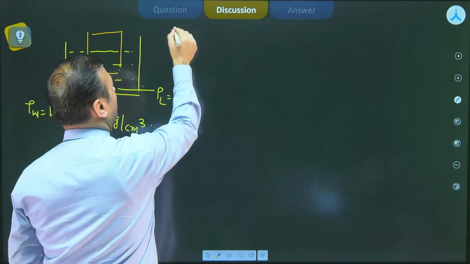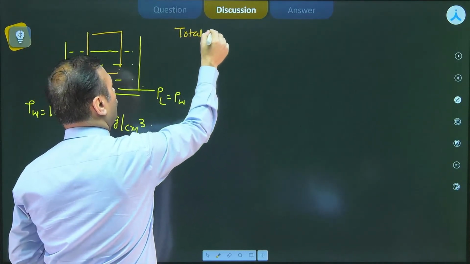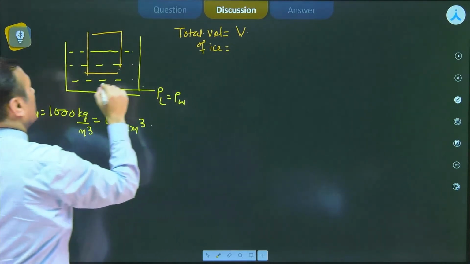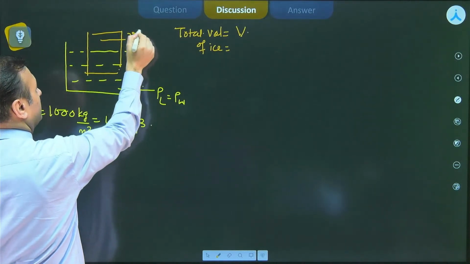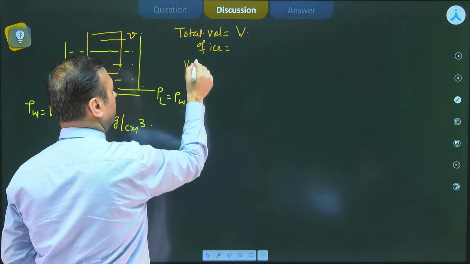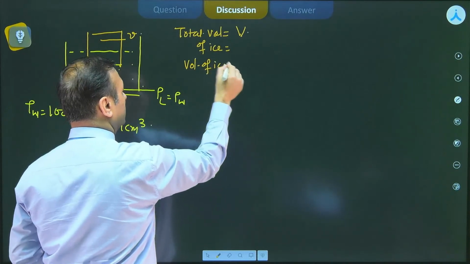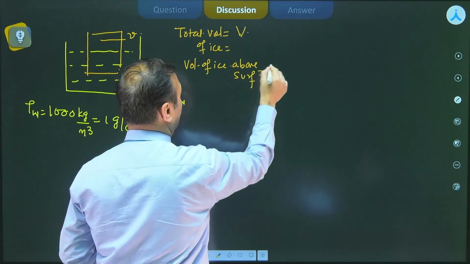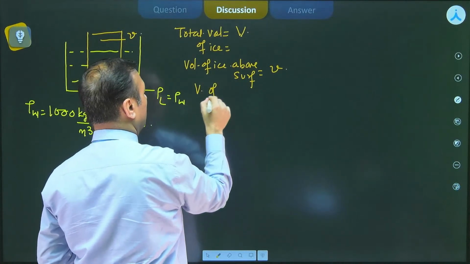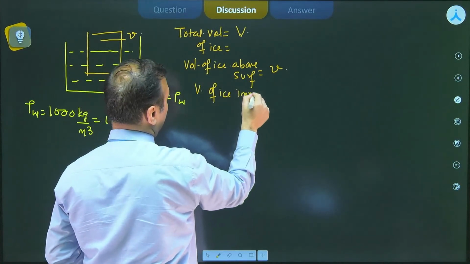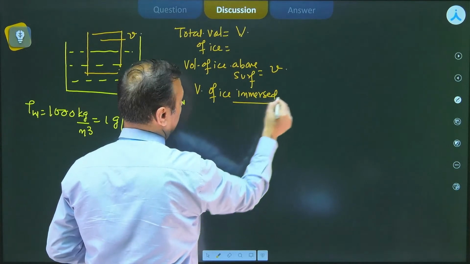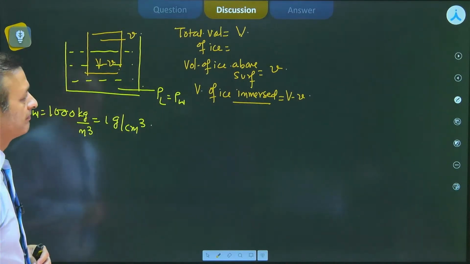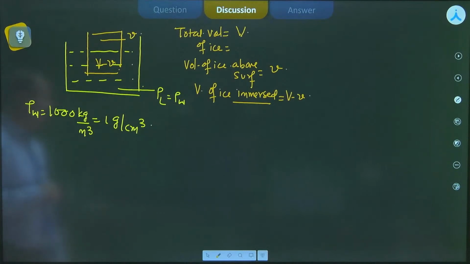So this is ice. So let's say total volume of the ice is V, and let's suppose this part is small v. So volume of ice that is above the surface of water, and volume of ice immersed is V minus v. Got it? So this is the situation.